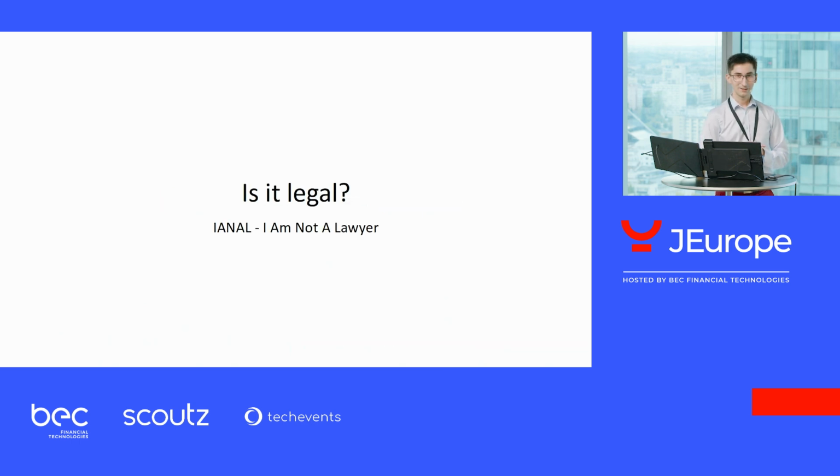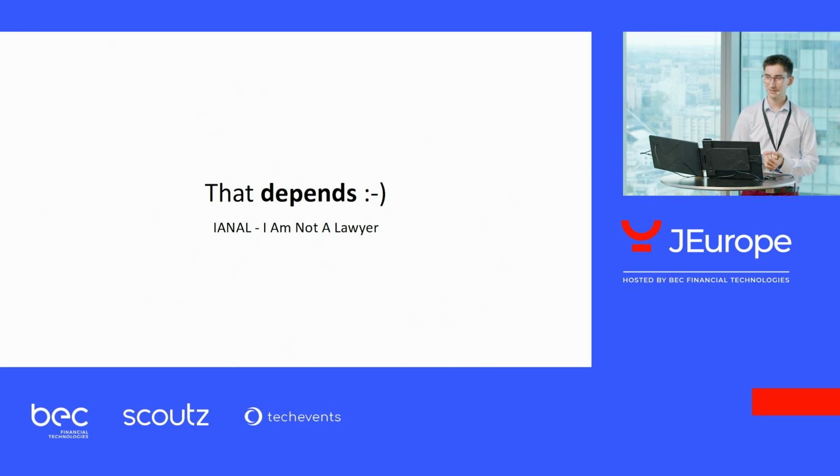And the last thing that is worth noting: is it legal to use shading and shadowing? Disclaimer, I'm not a lawyer, so don't take this as legal advice. And the answer is, as always, that it depends.